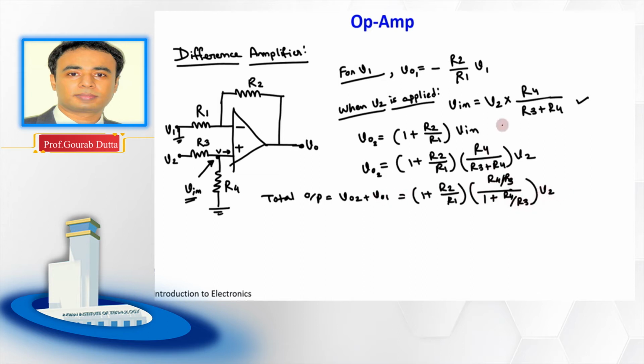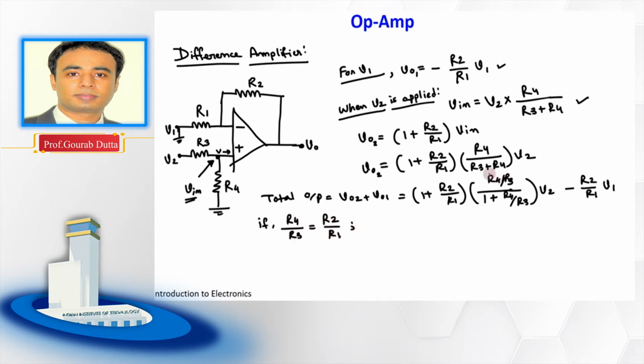And what is V01? V01 is this one. So it is minus R2 by R1 into V1, isn't it? Right. Now, if this R4 by R3 is equal to R2 by R1, then see what happens.